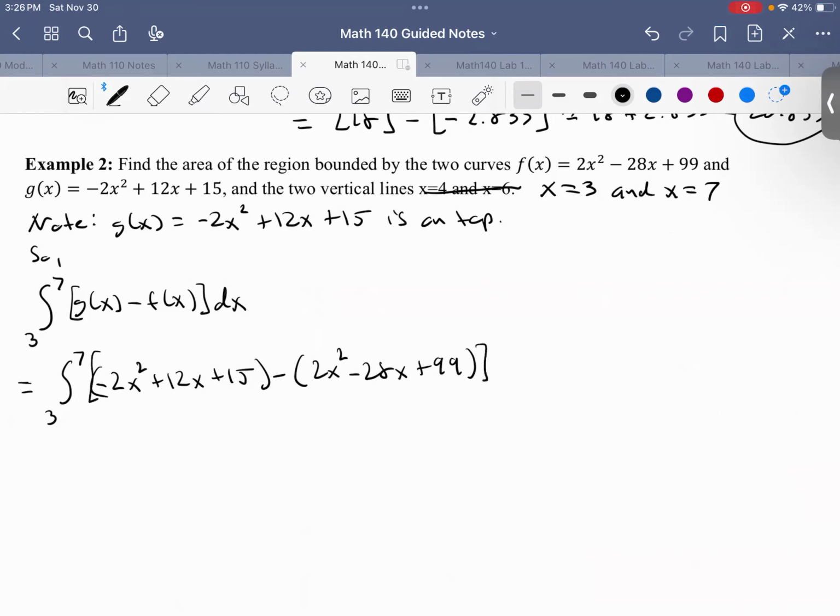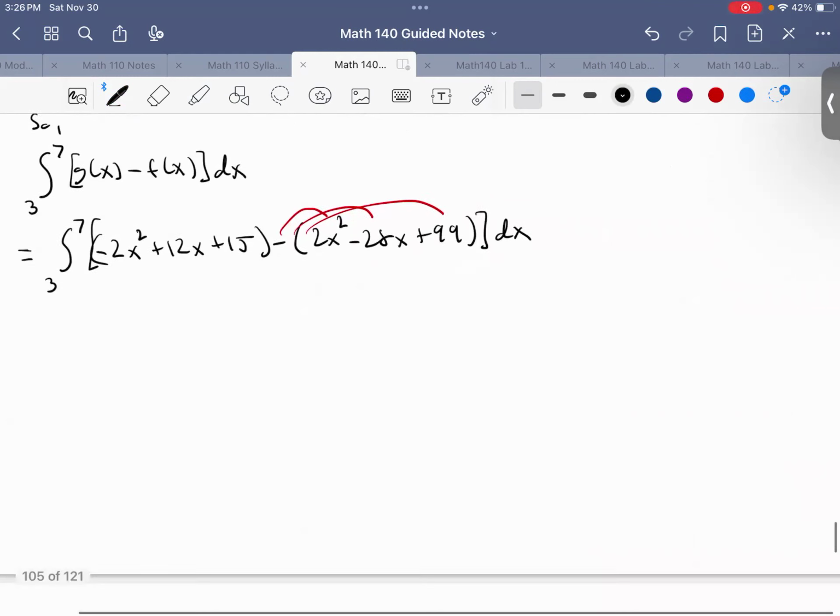And then don't forget your dx. So just distribute in that negative, and what we end up with is the integral from 3 to 7, negative 2x squared plus 12x plus 15 minus 2x squared plus 28x minus 99 dx.